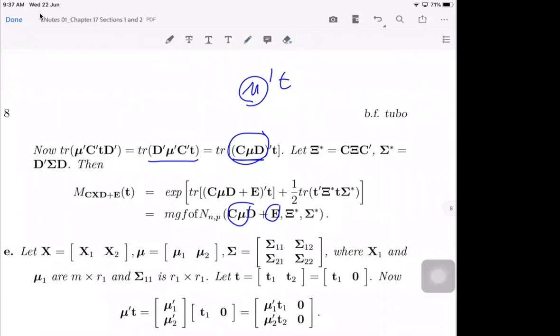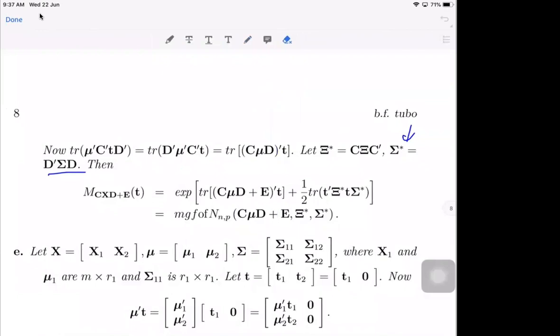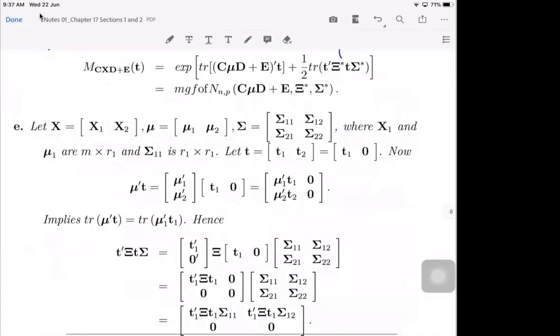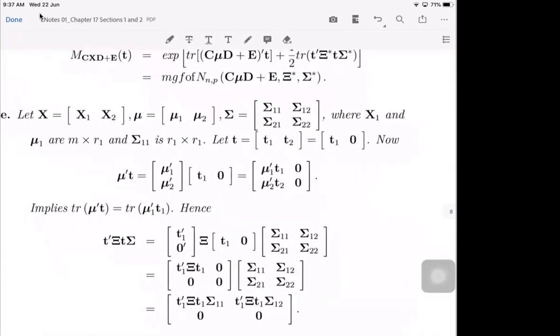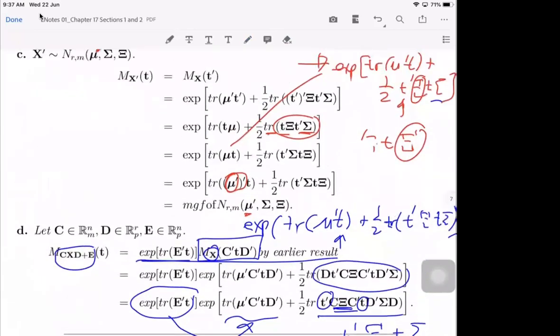Questions? None. Okay, it is easy to follow, no? Actually, you are familiar with this, except that we just added the trace to the moment generating function. Here, in letter E, what do we want for letter E?